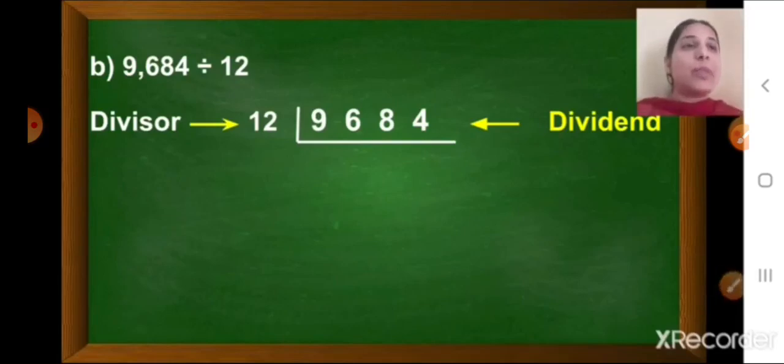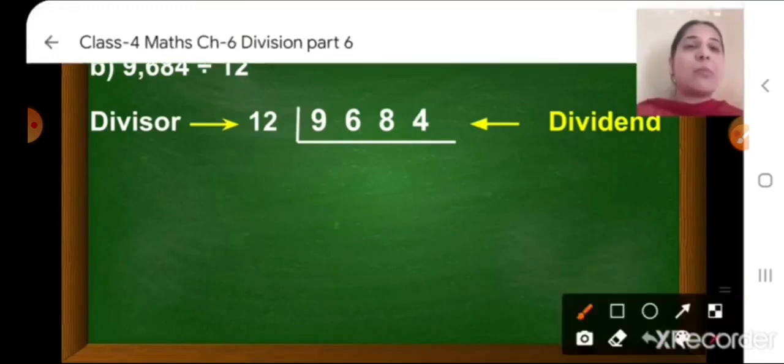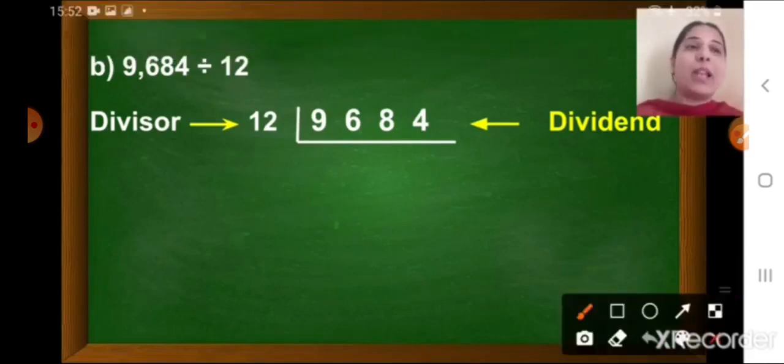Now question number B is 9684 divided by 12. So we will write like this first, and now we will say the multiplication table of 12, which will give us more than the first two digits we will take. Okay, 96.